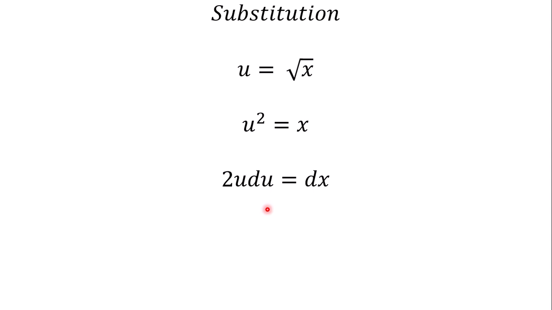Those values are for x, not U. So to get what 0 and 1 will be in the U world, we have to put them into this one, so that we get the variable values for U in the U world.